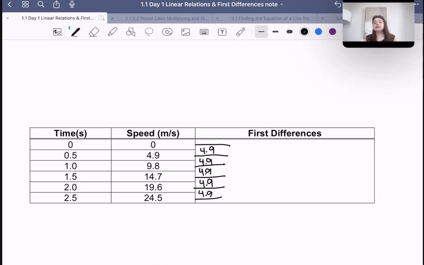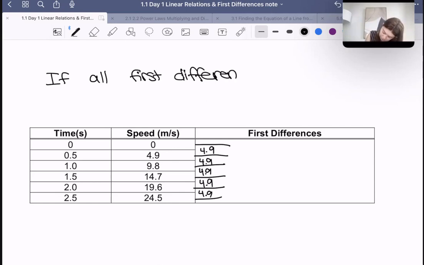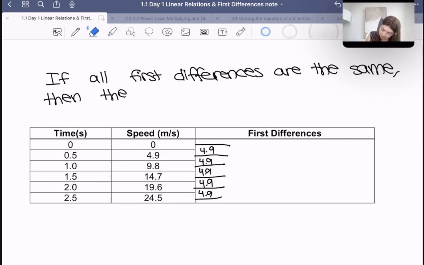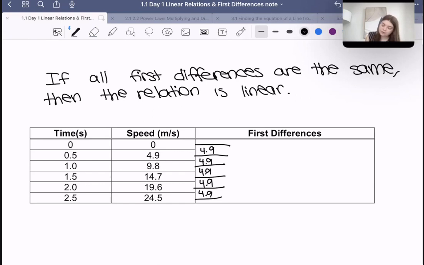So all the first differences are the same. And here is a new rule I'm going to teach everyone: if all first differences are the same, then the relation is linear. Or in other words, what does that mean exactly?